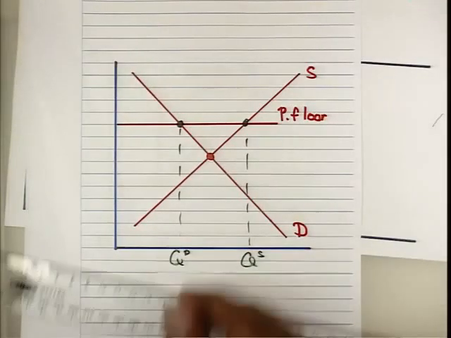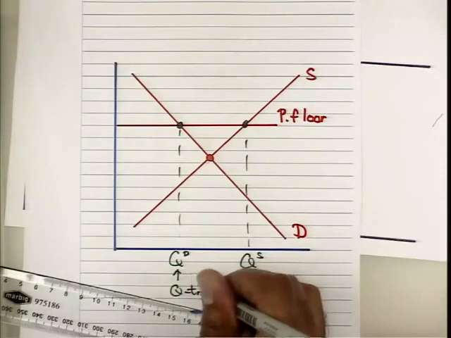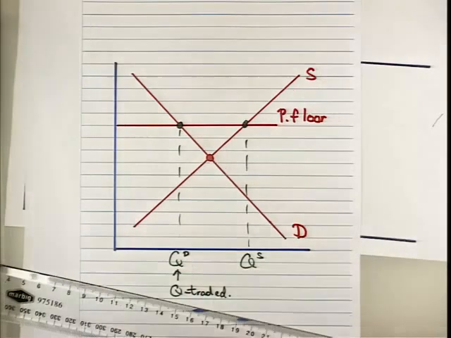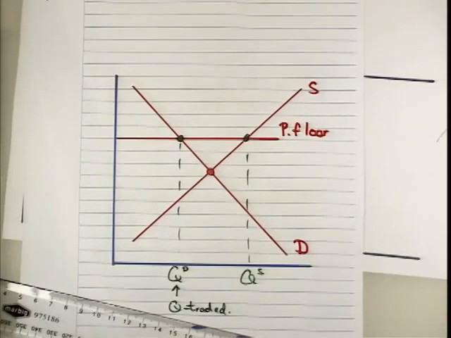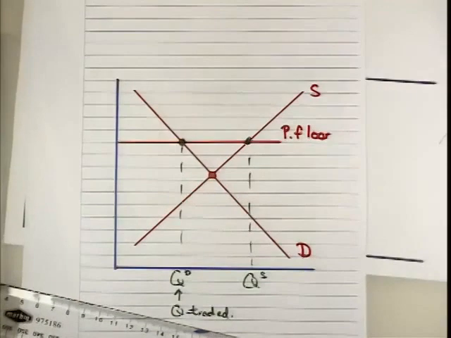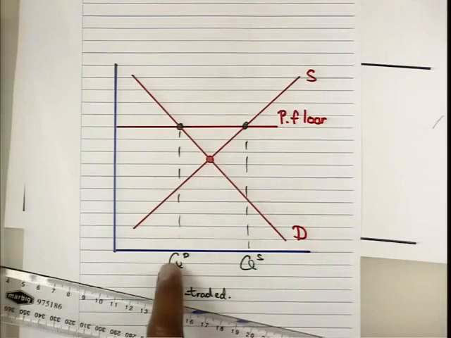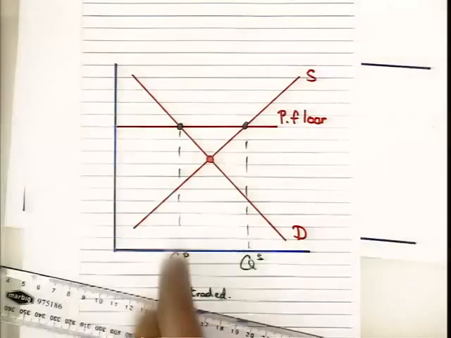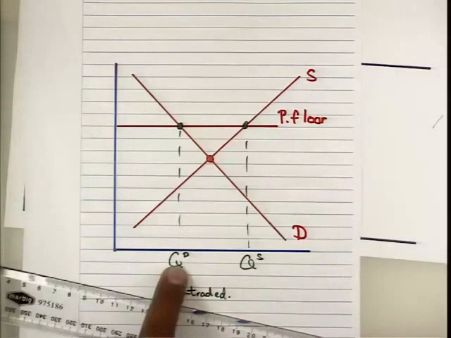So the quantity that ends up being traded is again the smaller value. Whether the government imposes a price floor or a price ceiling, the quantity traded actually falls, because consumers can only buy, even though producers have produced that much, the quantity consumers are demanding.